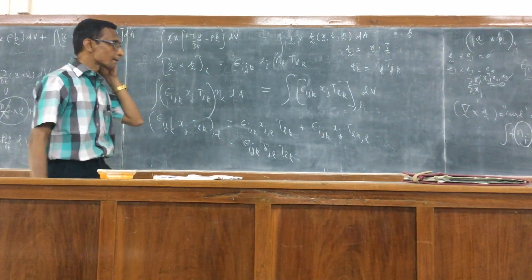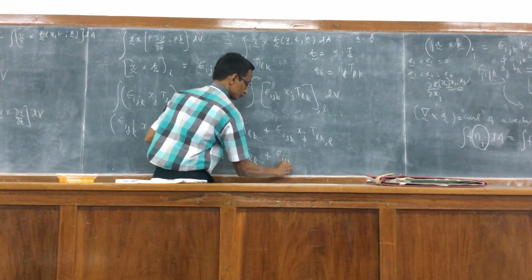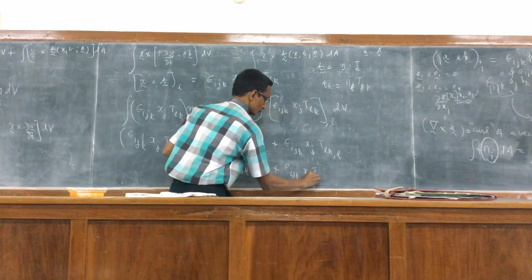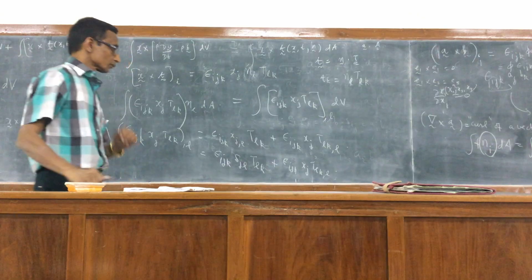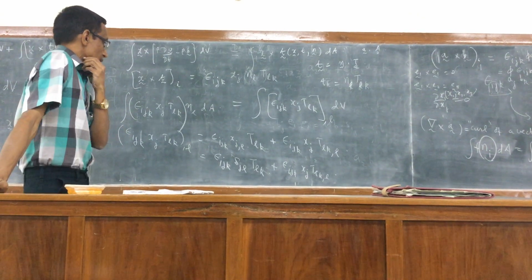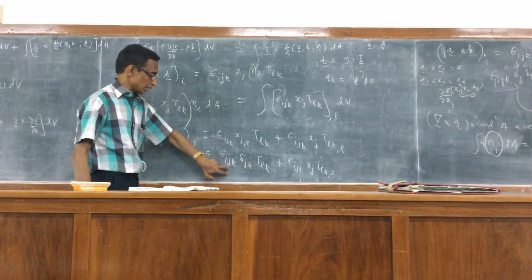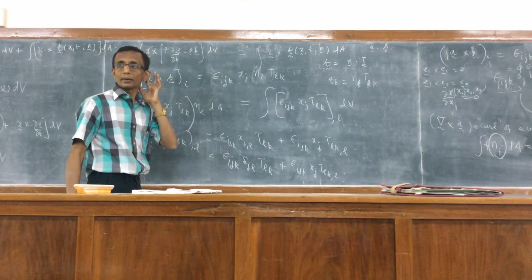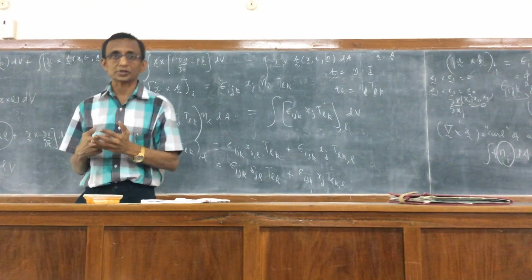epsilon_ijk plus. So further, this is now the sum over j, l and k, but the sum over j and l can be combined to simplify the expression, right?